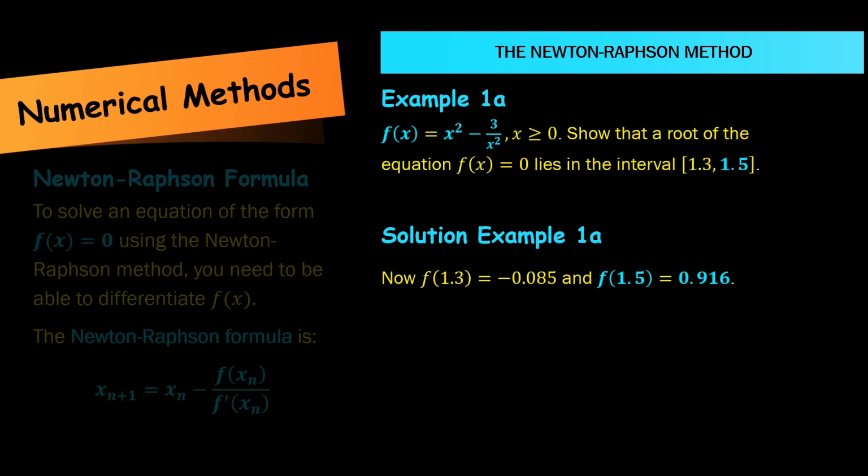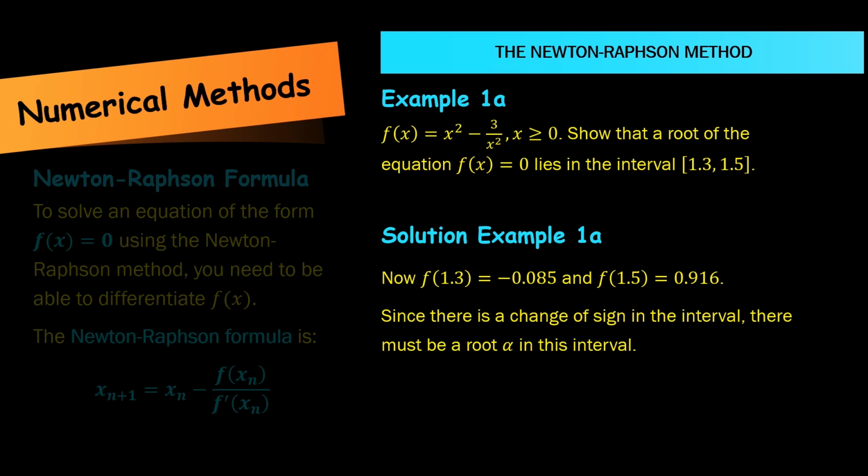Similarly, if we consider the point x equals 1.5 and plug this into our equation for f of x, we obtain f of 1.5 equals 0.916. Since there is a change of sign in the interval from minus to plus, we can conclude that there must be a root alpha in this interval.